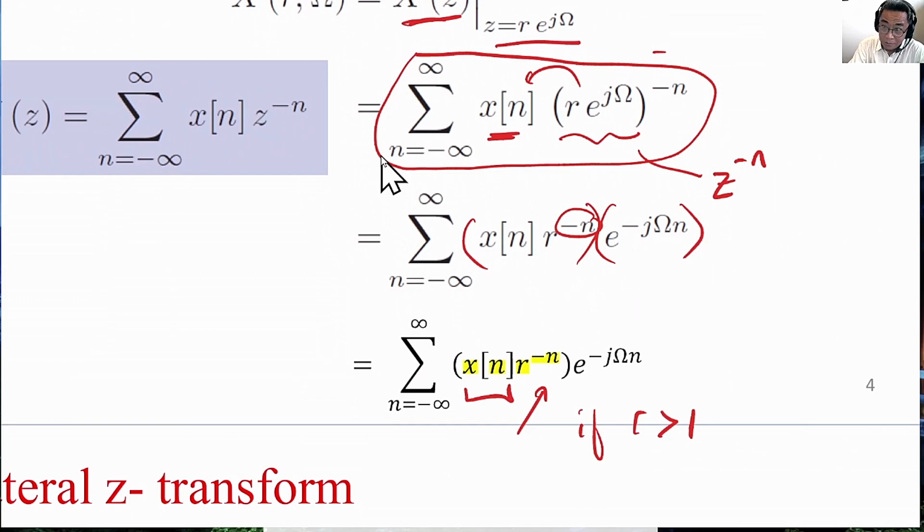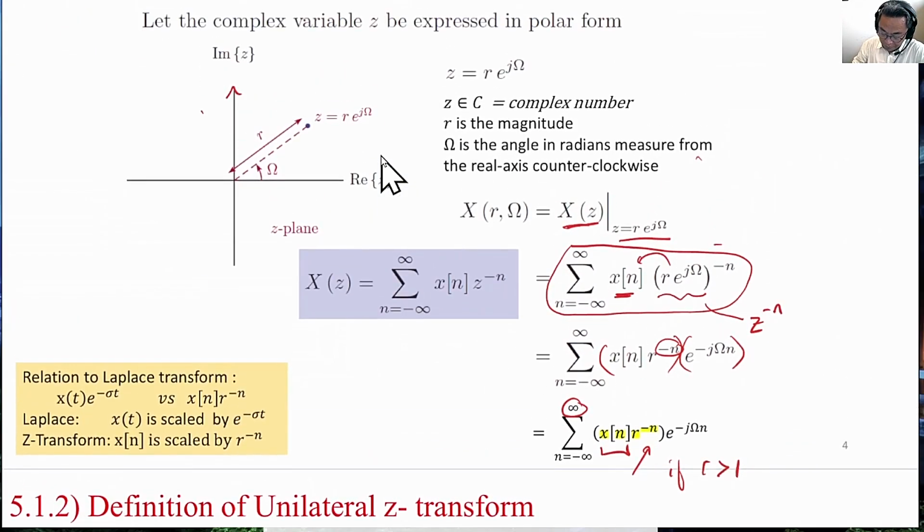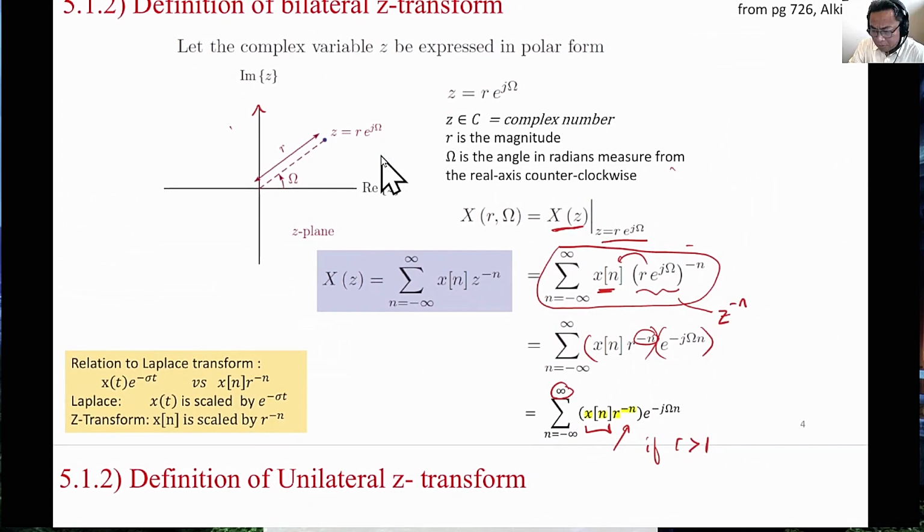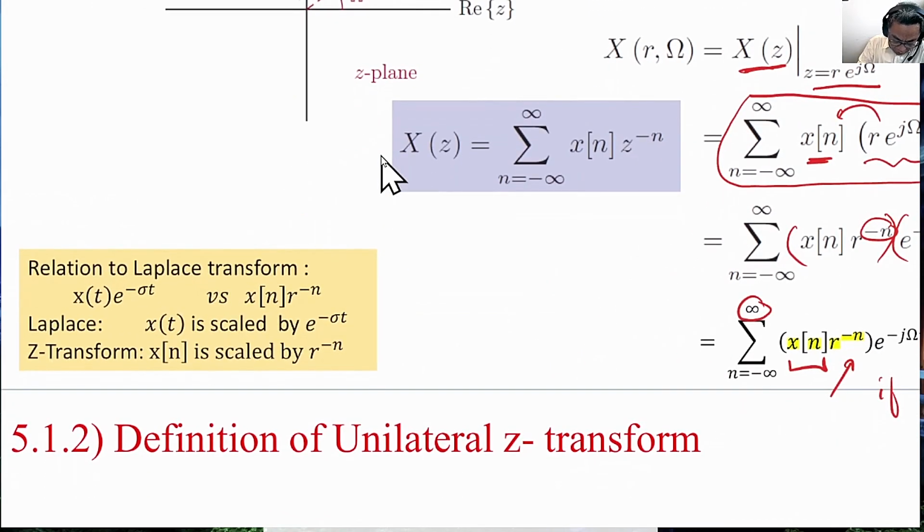So this helps us to deal with different types of x of n and make the sequence finite, so that the summation becomes finite and therefore the z transform exists. In fact, if you look back at the Laplace transform, it's exactly the same idea. For the Laplace transform to apply to many different signals, we multiply by e to the power minus sigma t and make x of t decay as t goes to infinity. So here we have x of n times r to the power minus n.